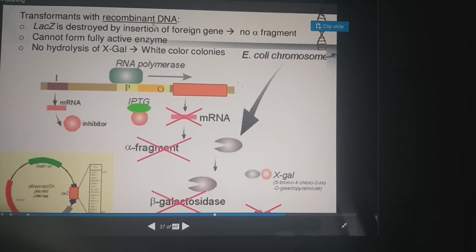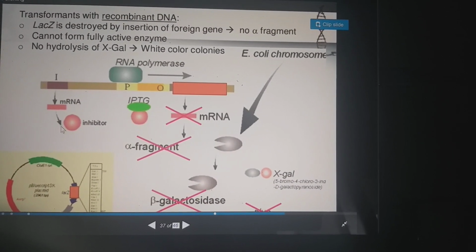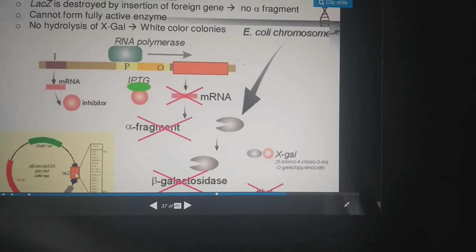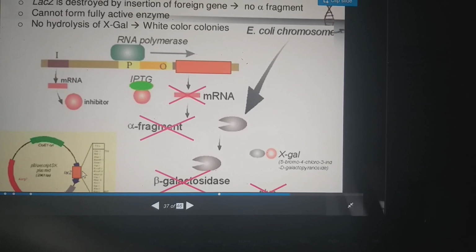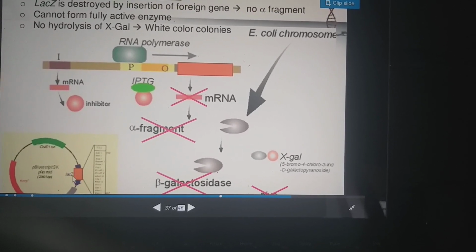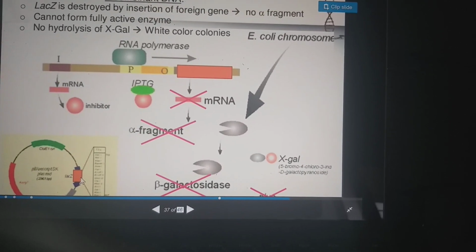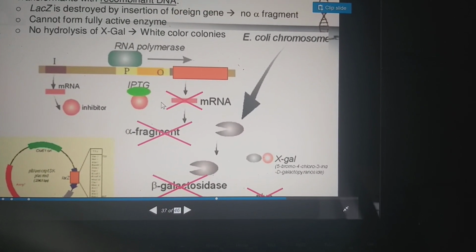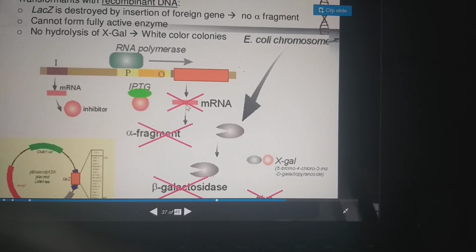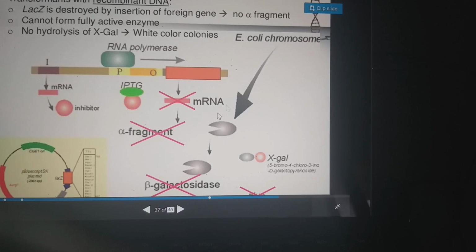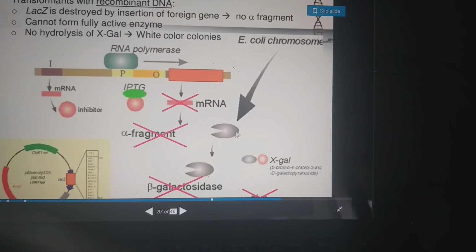Okay, the next possibility is transformants with recombinant DNA. It means that when the foreign gene gets inserted in this plasmid, at that time what will happen? This lacZ will get disturbed, and as it is not intact, it will not produce the alpha fragment, right? But beta will be there from the E. coli chromosome.